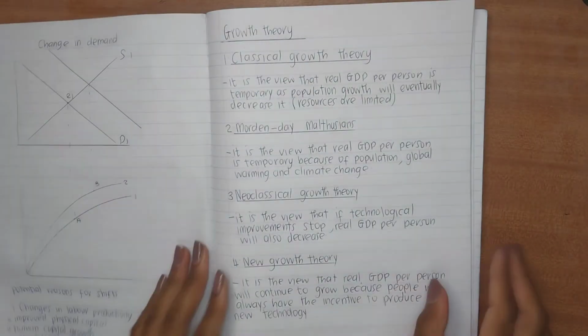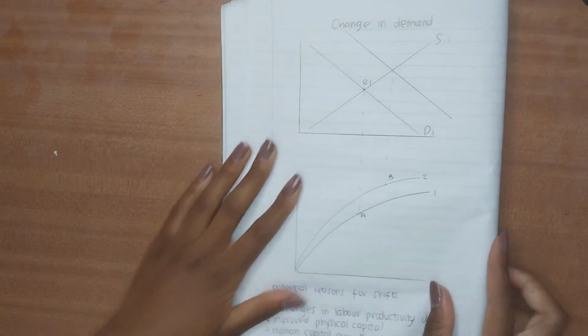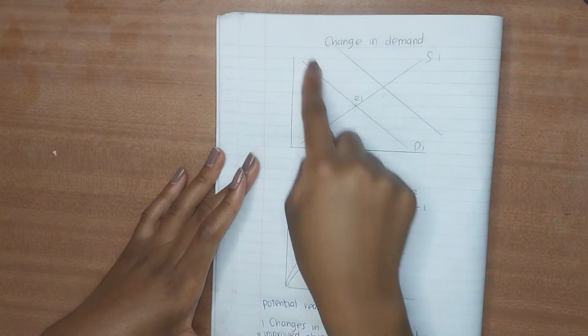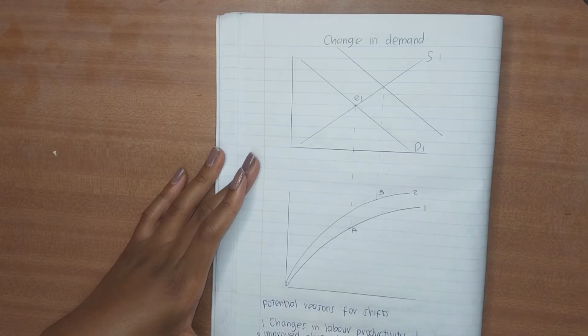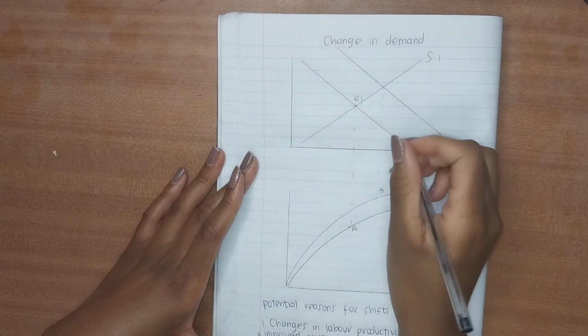Okay, so let us look at what happens if there's a change in demand. Whenever there's a shift in the demand curve, it will cause a swing in the production function.